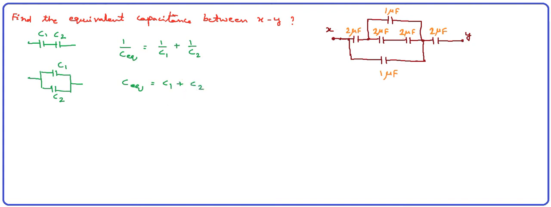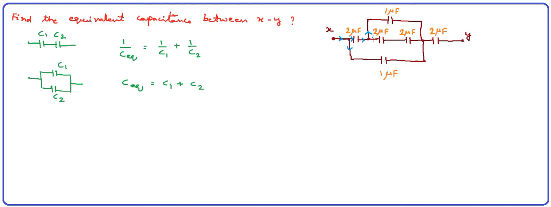Now let us solve this problem. So this is the given problem. As we know, current is passing from X to Y. Once it is divided into two parts, some current flows in this way and some in this way, and then it is again divided into two parts.